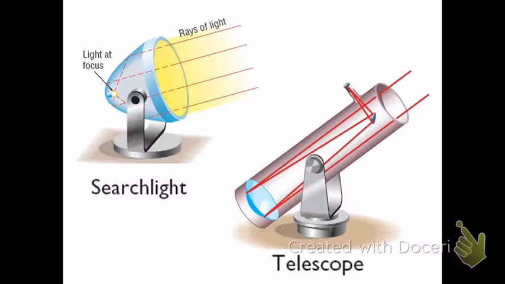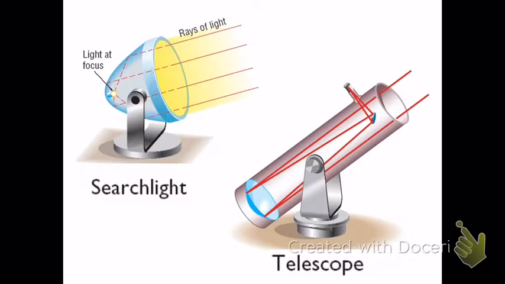It's shining at the inside surface of the paraboloid, and then that projects the light out. And here the telescope, we actually have the light coming into the telescope, bouncing off a parabolic lens, and then that focuses it to a focus point up here that would be observed.